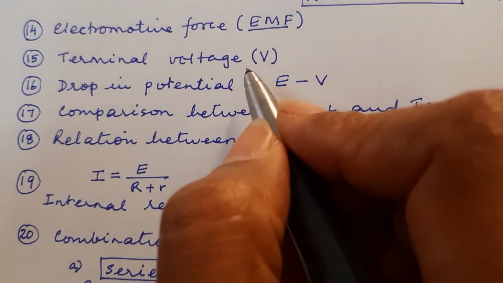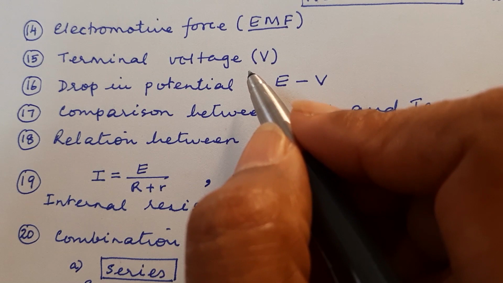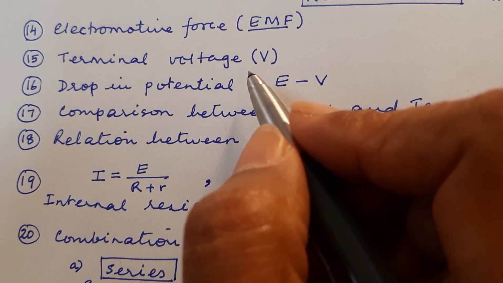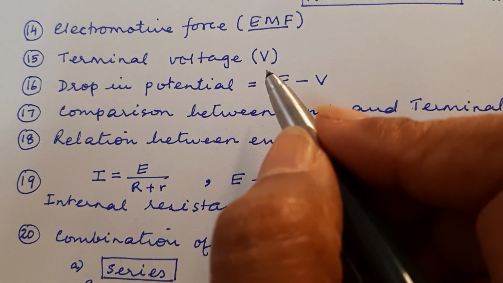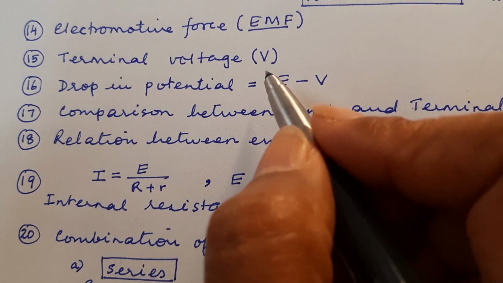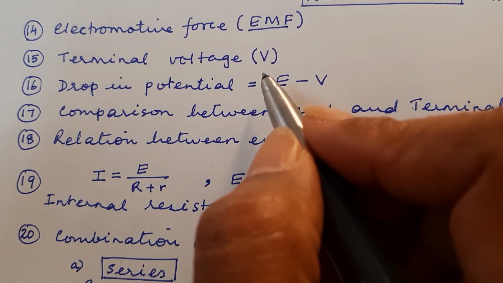Terminal voltage is defined as when the current is drawn from a cell, when the cell is in a closed circuit, the potential difference between the electrodes of the cell is known as the terminal voltage. And so we talk about terminal voltage only when we talk about the external circuit.